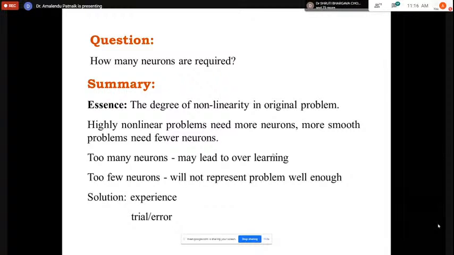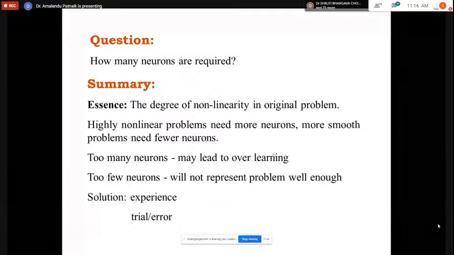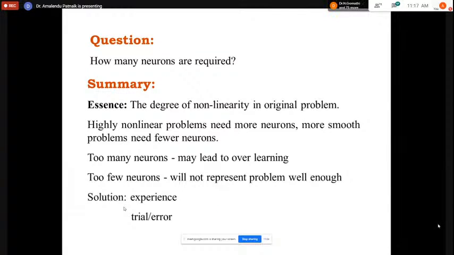So what is the solution for this? Mostly, as you train more and more neural networks, from that experience you can roughly find the required number of neurons. It mostly depends on experience and trial and error. But the approach is to start with a few neurons, apply the training process, and gradually go on increasing the number of neurons in the hidden layer.